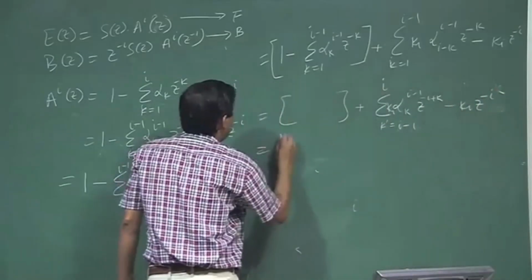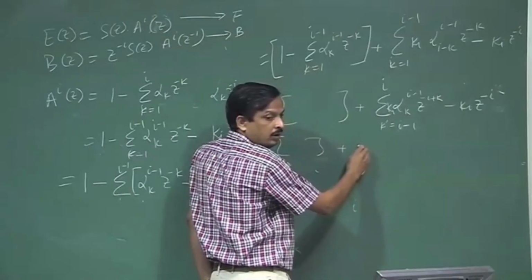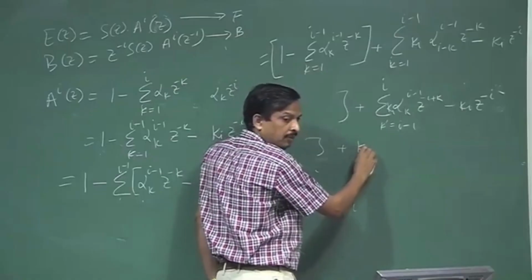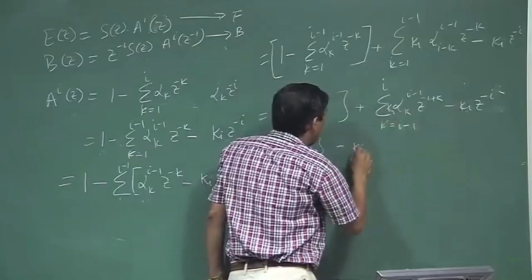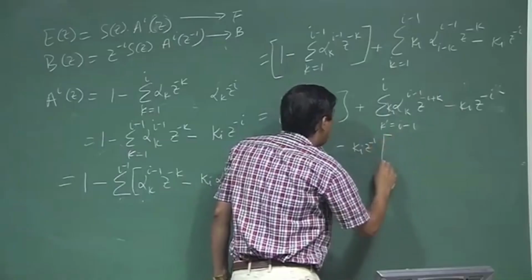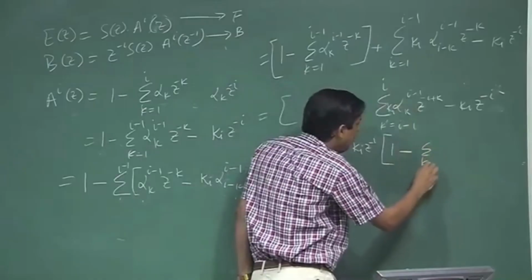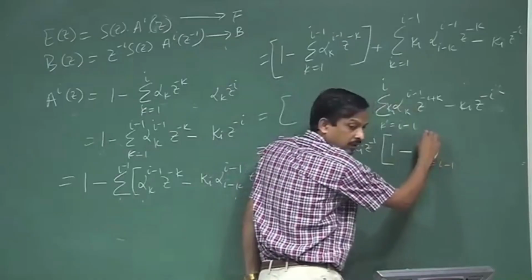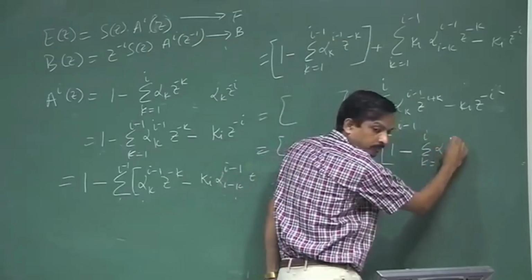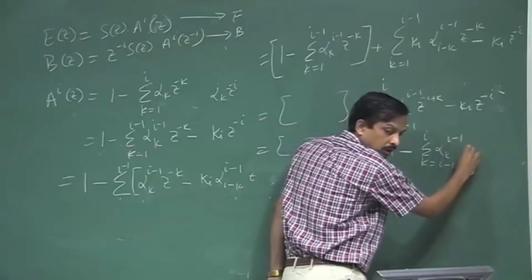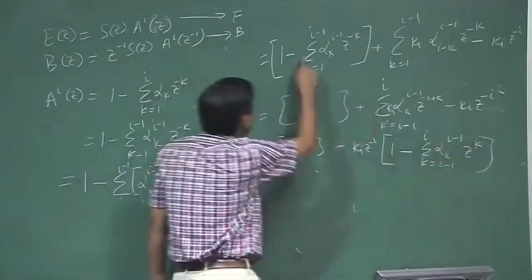So, this term will be the same. If I take the minus sign here, then this will become this side, k i z to the power minus i. If I take common, then what will happen? 1 minus this term. So, 1 minus the sum over k equal to i minus 1 to i of alpha k i minus 1 z to the power plus k, and this term.